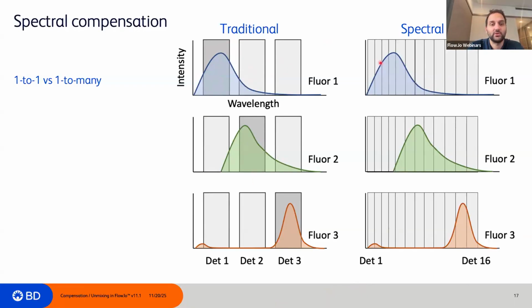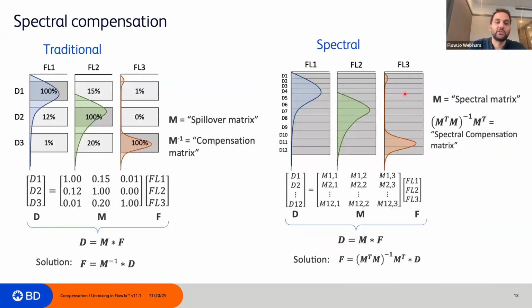However, in spectral, you see we have many more detectors, but only three fluorochromes that are detected through all those different detectors. So that's why it can be a better and more accurate solution of the compensation matrix applied to your data. So the math is simply different, much different compared to the traditional.